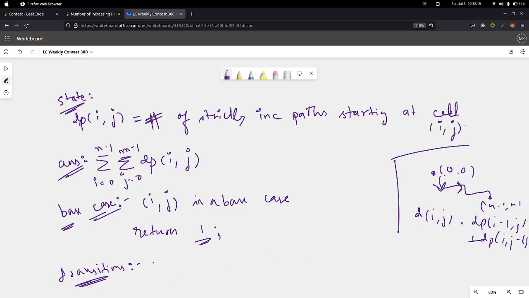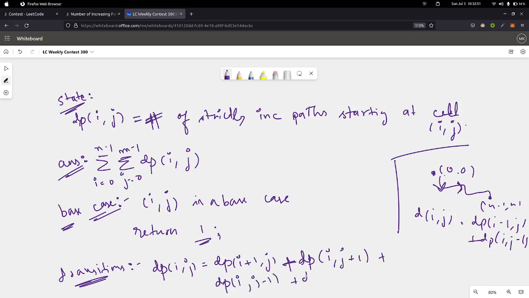In this case, since we have four possibilities, from I comma j we can go to four different cells, so we can say dp of I comma j is dp of I plus 1 comma j plus, we have to add because we have to count all the paths in each of those possibilities, dp of I comma j plus 1 plus dp of I comma j minus 1 plus dp of I minus 1 comma j, right?